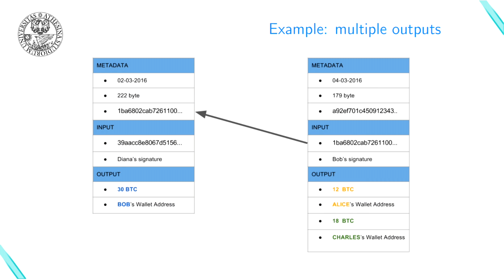This is a description of the example just described. We can see that in the current transaction on the right, Bob is the sender, there's Bob's signature, Alice and Charles are the recipients. You can see the wallet addresses of Alice and Charles.